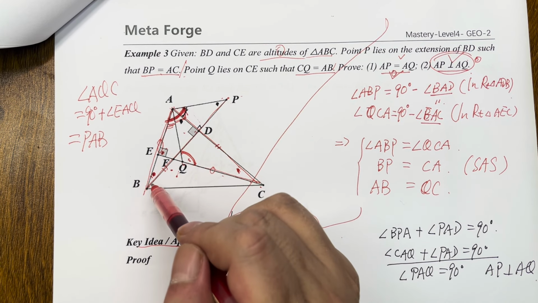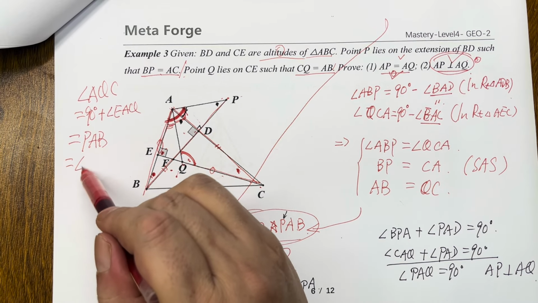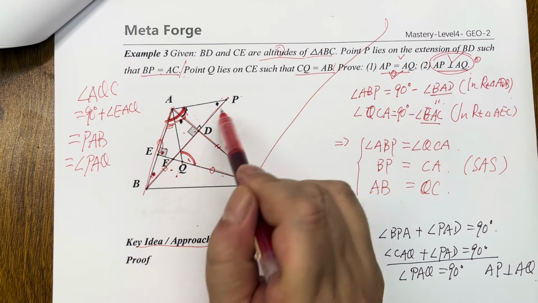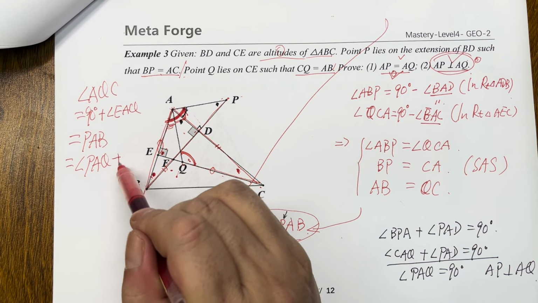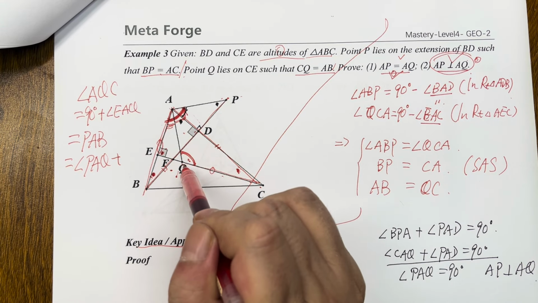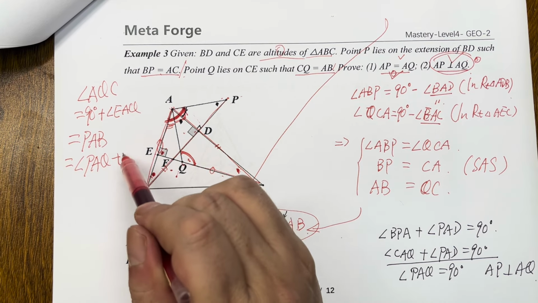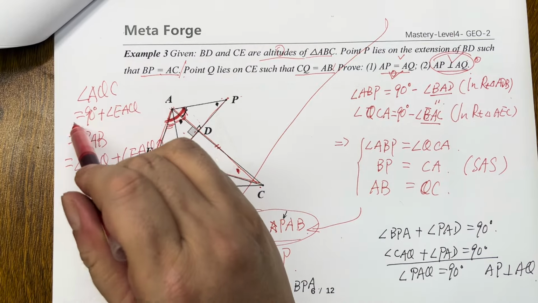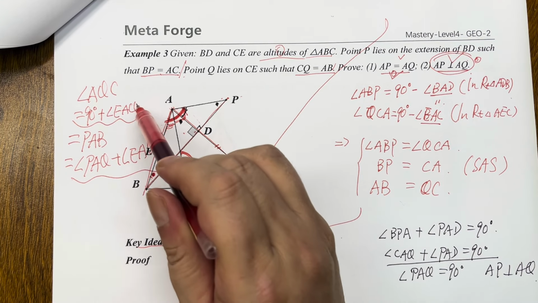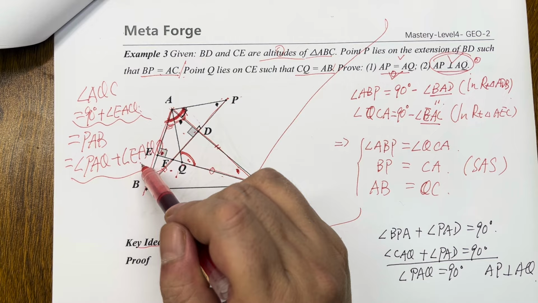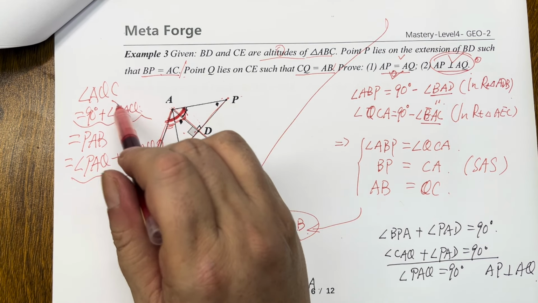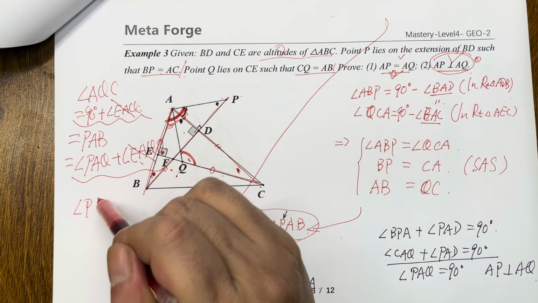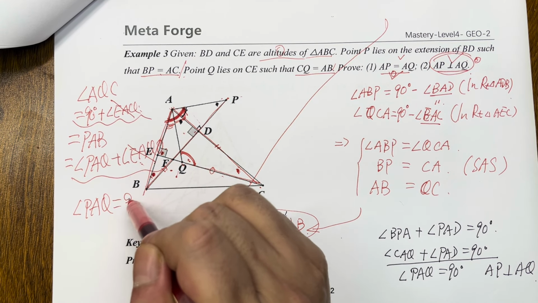What does PAB equal? PAB equals PAQ add BAQ, and BAQ is EAQ. Yeah, these two relationships are equal. Cancel off. So PAQ equals 90.